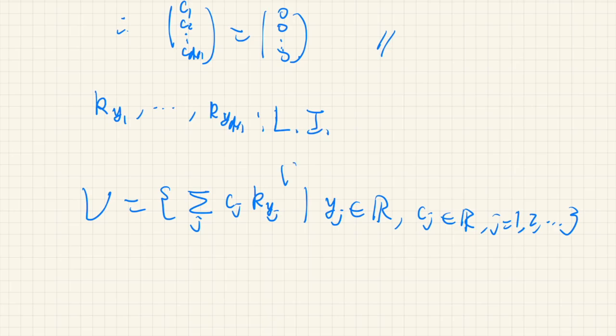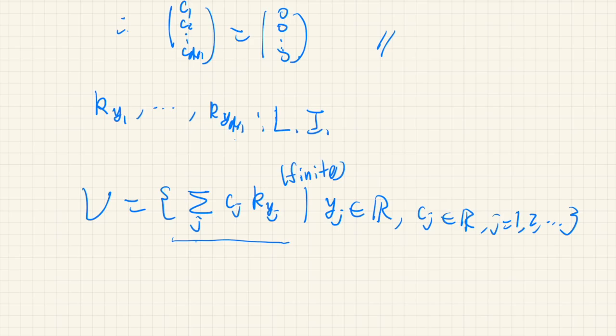So consider only finite sums. Now it doesn't stop at d plus 1, but it may go beyond d plus 1. But anyway, it's a finite sum. And this is a space of polynomials with a degree of at most d.